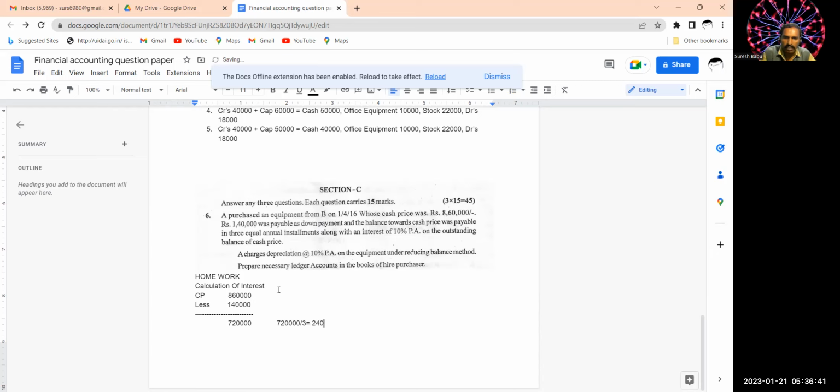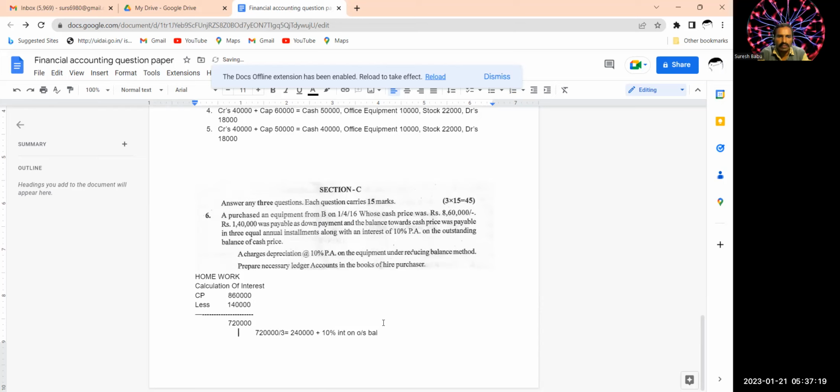Each installment is 2,40,000 plus, what is that? 10% per annum is the interest. 10% interest on what? Outstanding balance. Then first installment is 2,40,000 plus interest, second installment 2,40,000 plus interest, third installment 2,40,000 plus interest.